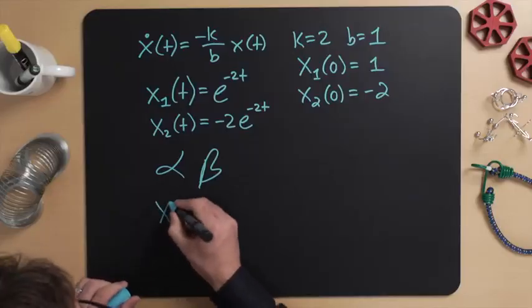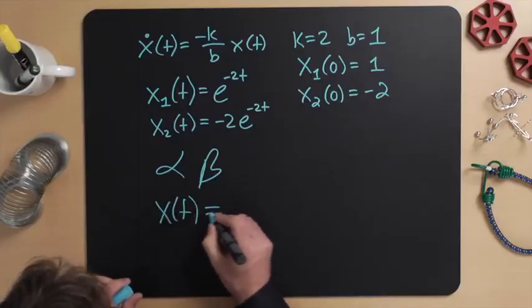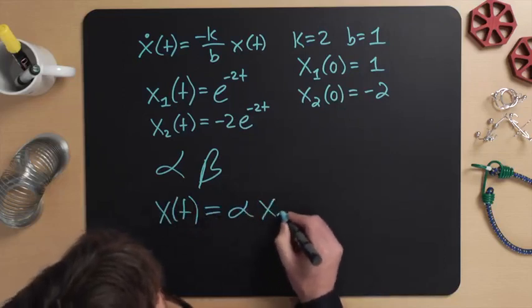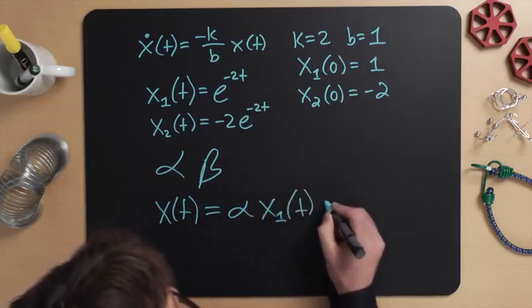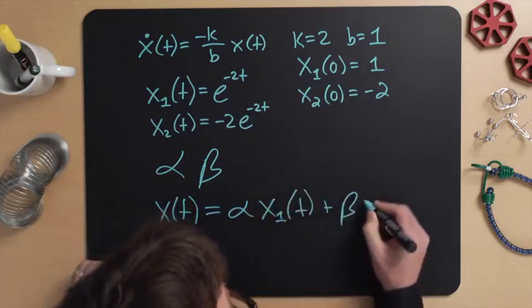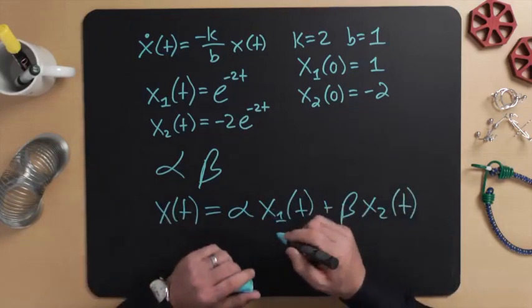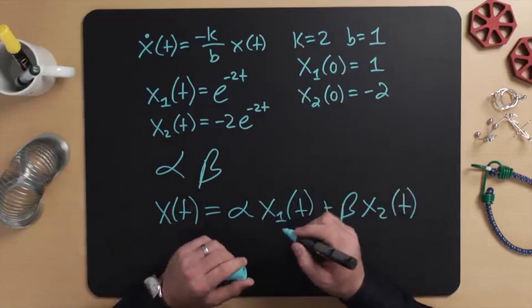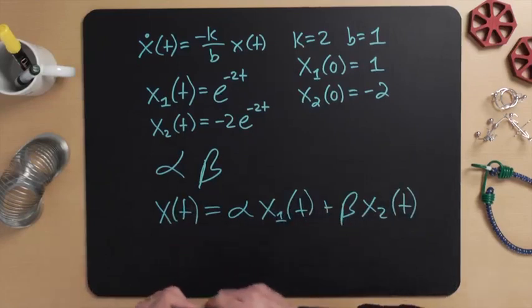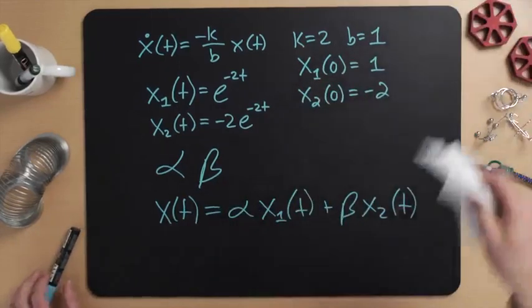Combining these into a single expression, x of t equal to alpha x sub 1 of t plus beta times x sub 2 of t is always a solution to the differential equation. That means that if I give you two solutions to the differential equation, you can generate a whole bunch of solutions with them.